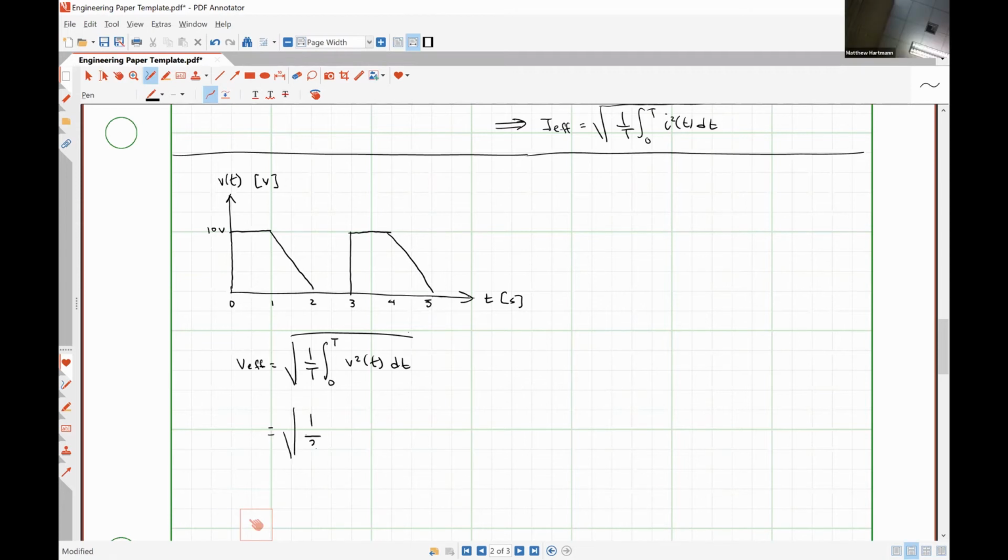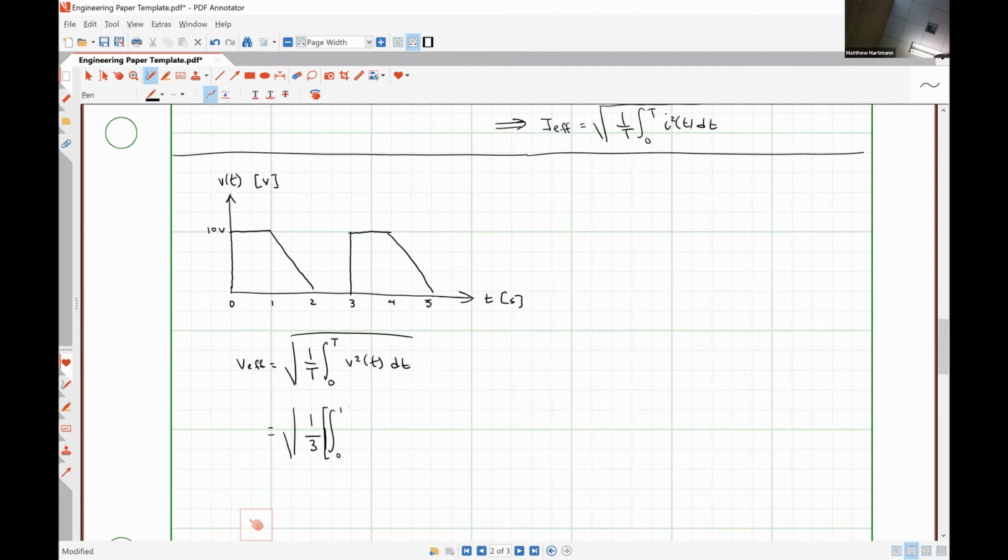So we're going to have 1 over 3 seconds integral, and I'm going to split my integral up. The reason I'm going to split my integral up is because I have effectively a piecewise function. So I have some certain thing from 0 to 1.